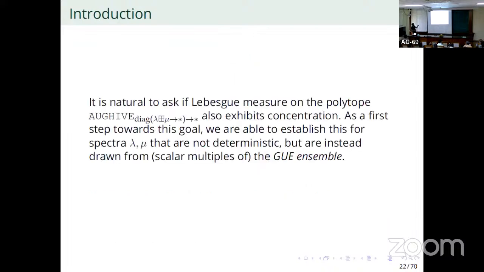Okay, so there are results in free probability which tell you things like if I take a set of eigenvalues which are very close to a given curve for lambda and for mu, then the sum concentrates around a fixed spectrum. And this is motivation for asking, do you have this sort of concentration also at the level of hives?